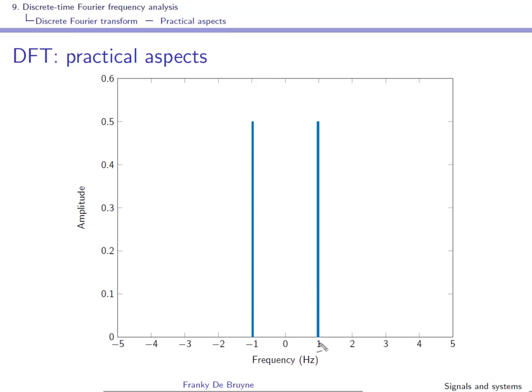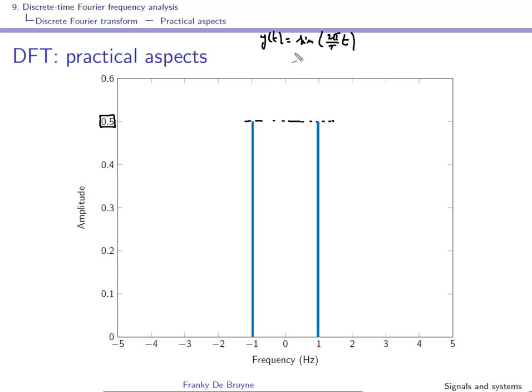You see a spectral line at 1 hertz and one at minus 1 hertz, and you can see here that the amplitude is 0.5, whereas our original signal, y of t equals sine of 2 pi t over T, had an amplitude of 1.